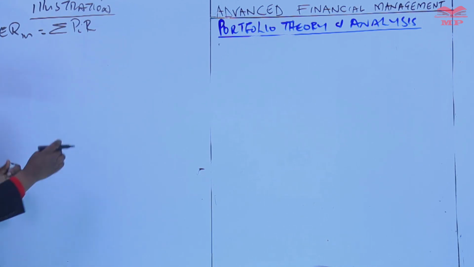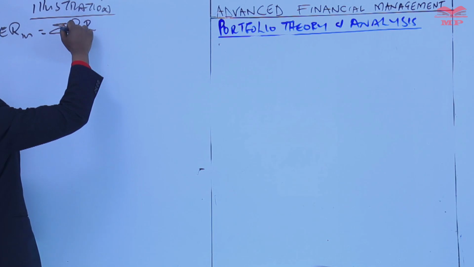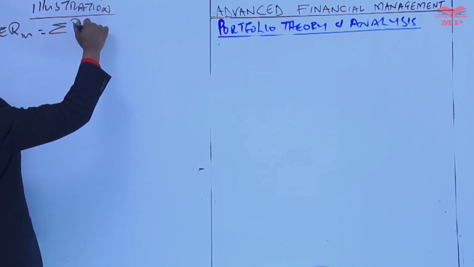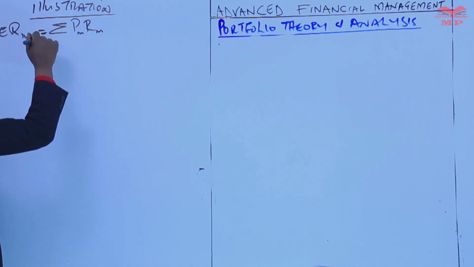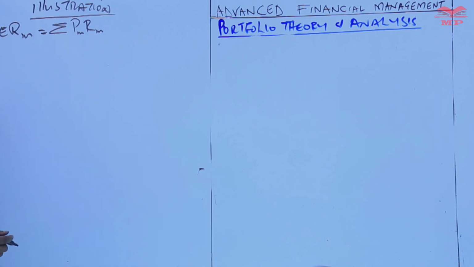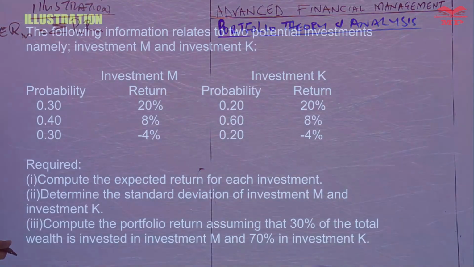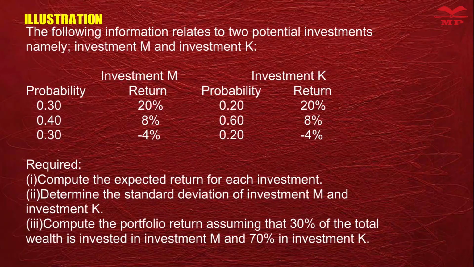This is probability M, and the returns for security M. Do you see that? That's the formula. So the probability 0.3, we multiply by 20%, plus probability 0.4 times 8%, plus 0.3 times -4%. Then we add. So that's why I'm saying the summation.